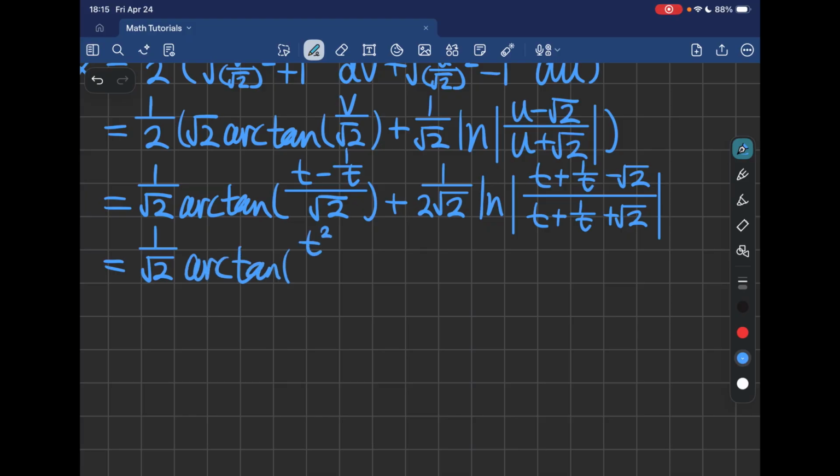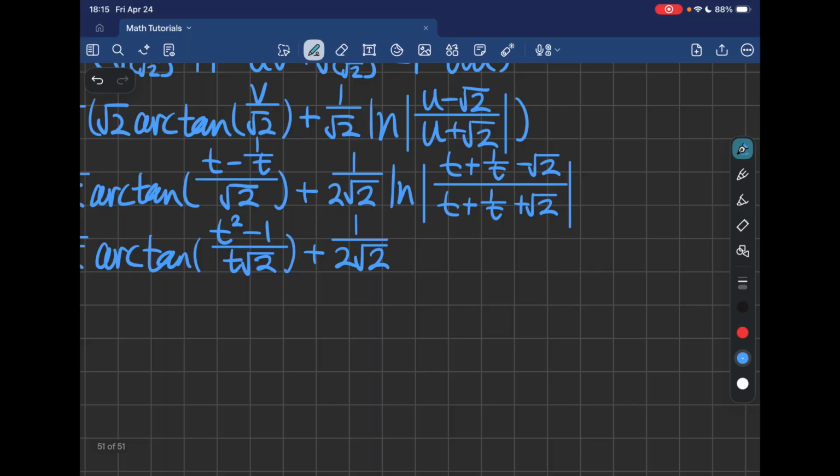So we have t squared minus 1, then t of square root of 2, plus one over 2 times square root of 2 and ln.